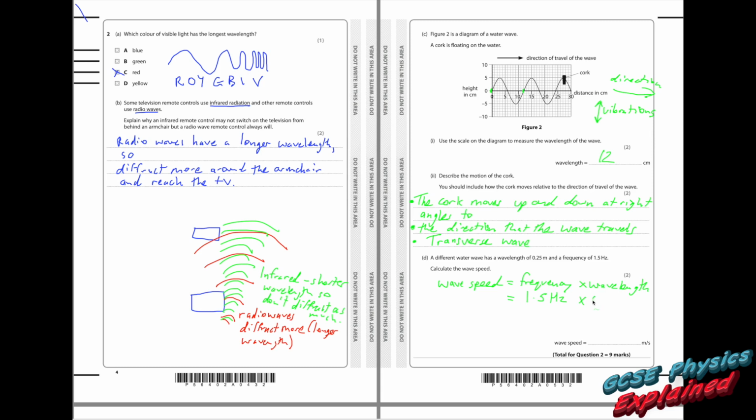The wavelength is 0.25 meters. And you multiply that together, and that's 0.375. Now, the greatest number of decimal places that they have used is 2 decimal places, so we'll just round that up to 0.38.